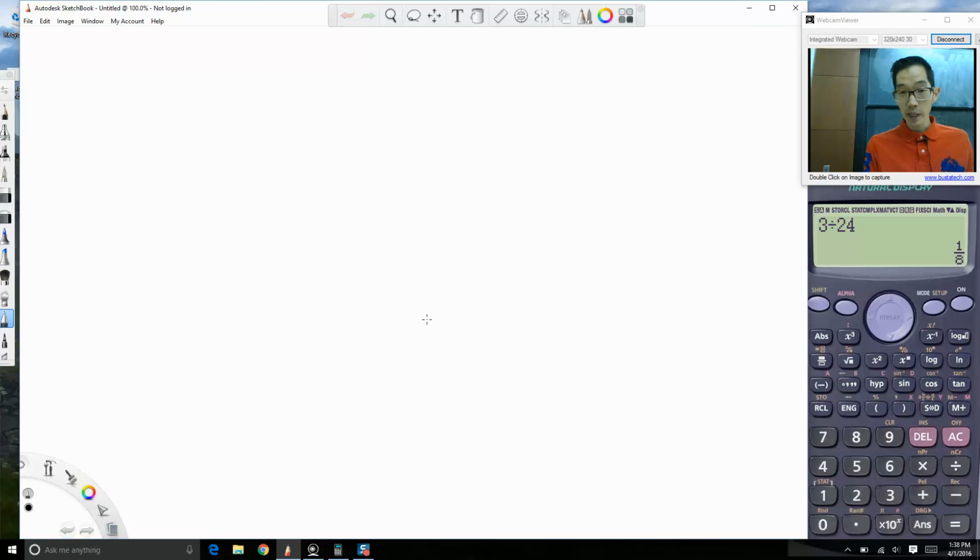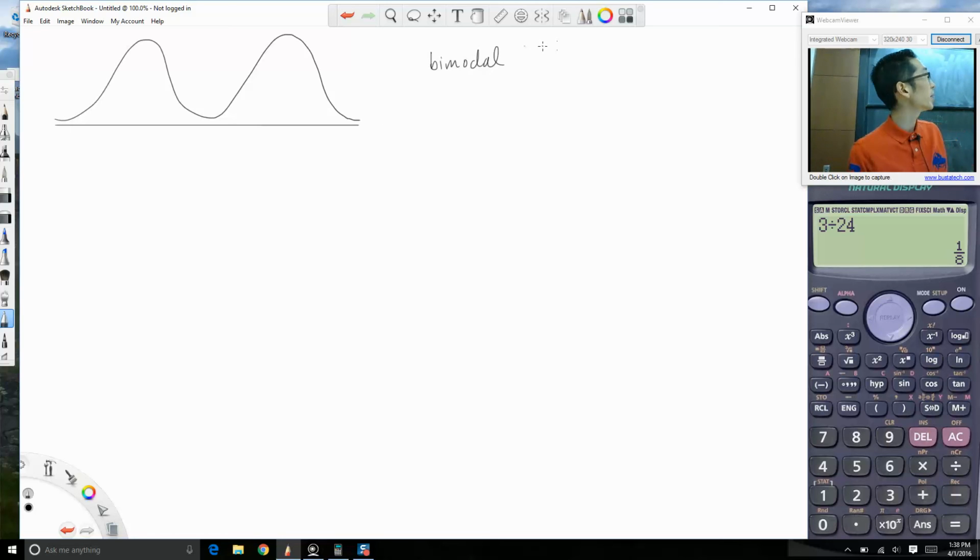We also have bimodal distributions. Okay. So bimodal means 2 peaks. Now, keep in mind, we're just looking at one numeric variable, okay?